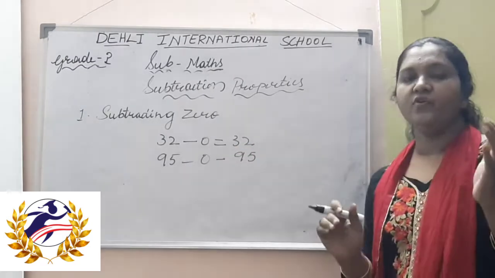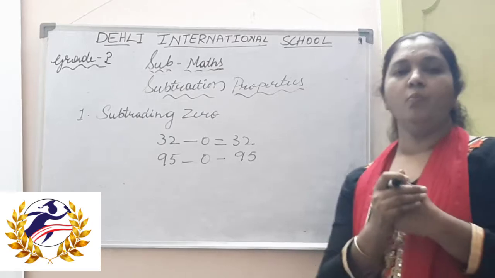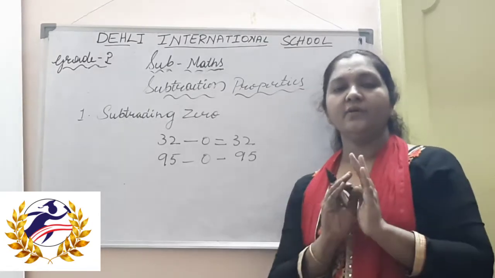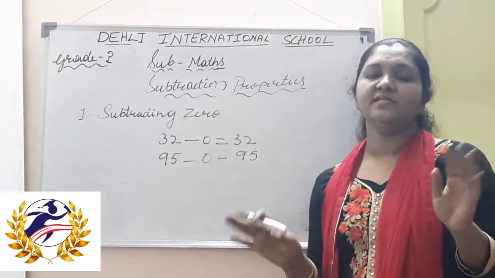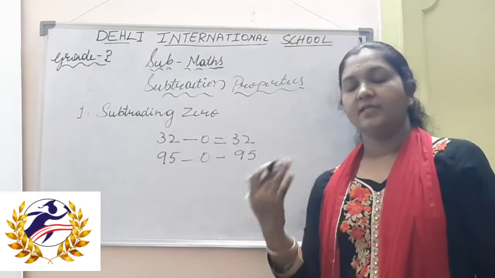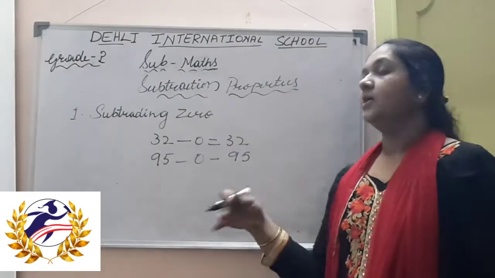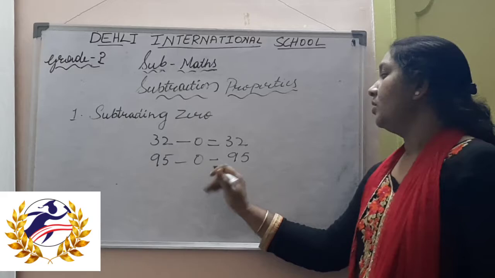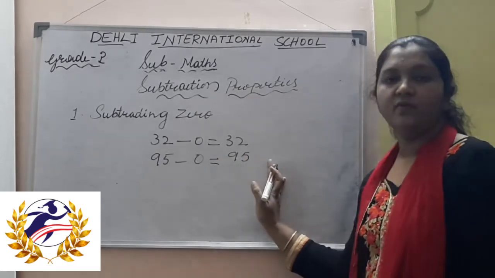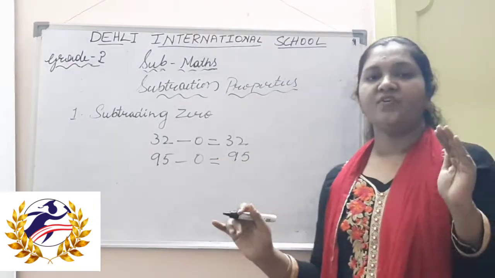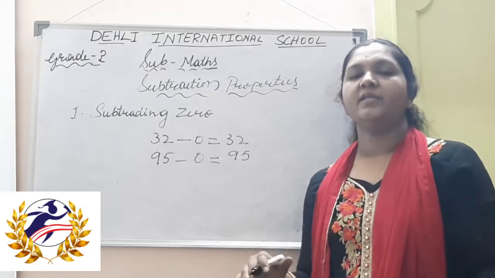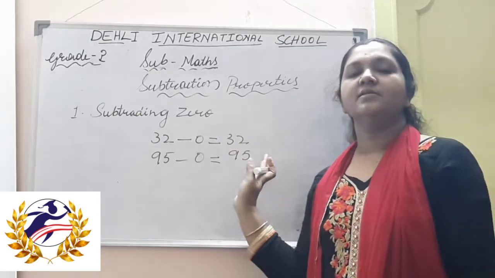For example, if you are having 32 books and you give nothing to anyone else, the remaining books with you is 32 only. 95 minus 0, the answer is 95 only. If we subtract 0 from any number, the number remains the same.